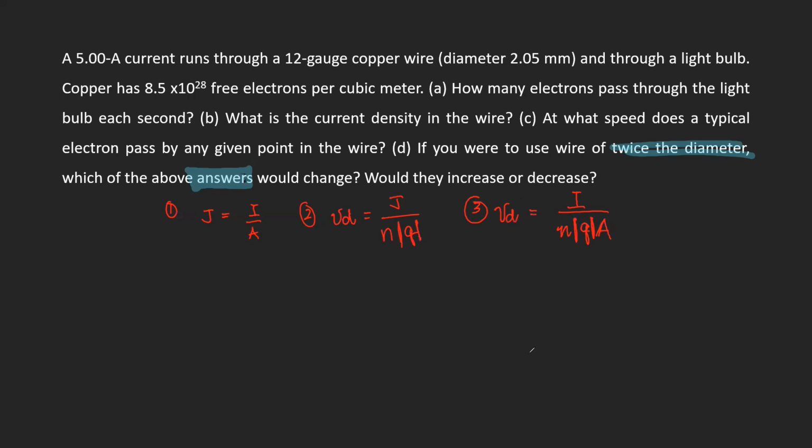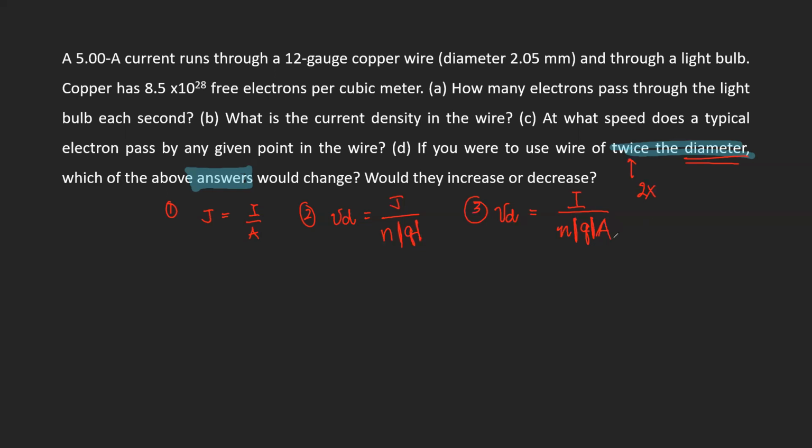Now, as our diameter, because twice is 2x, so this is increased, not even half. So as our diameter increases, the area would increase too. So the current density would decrease.